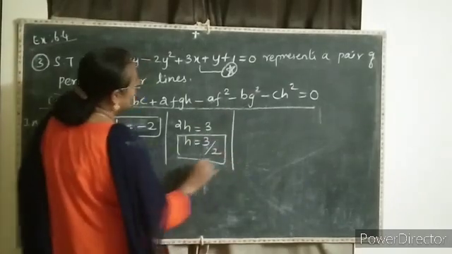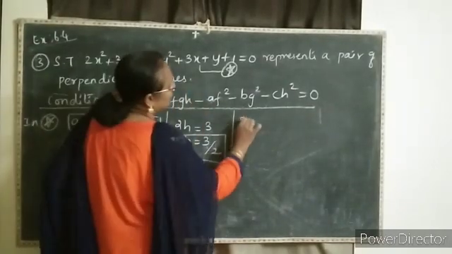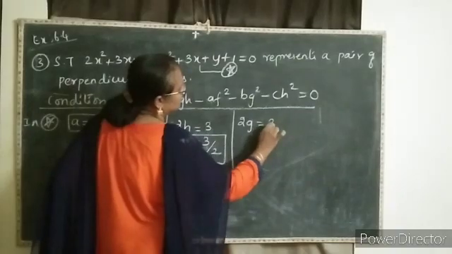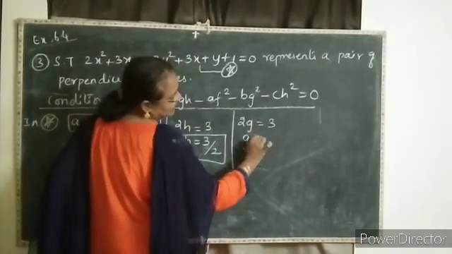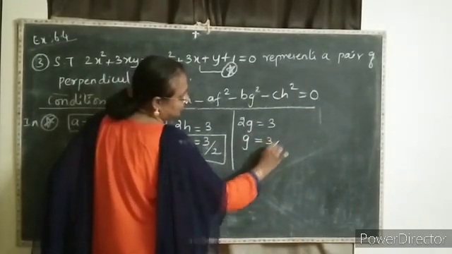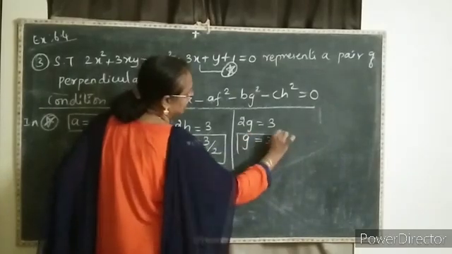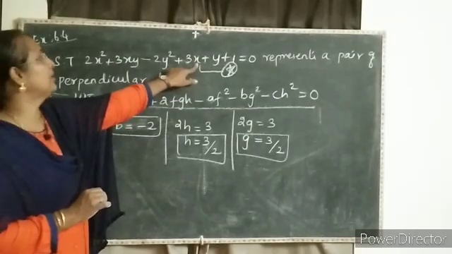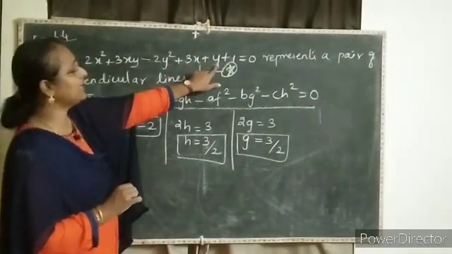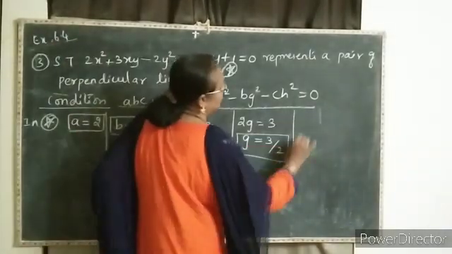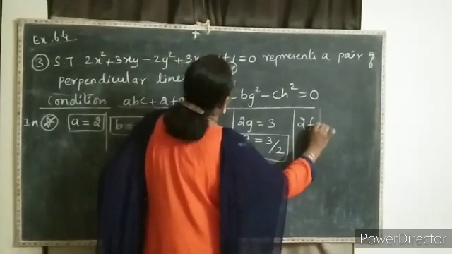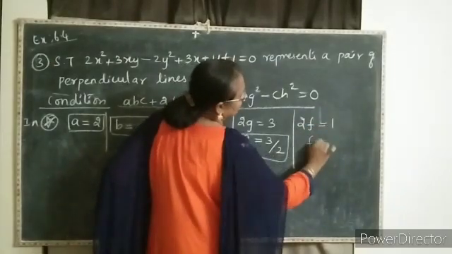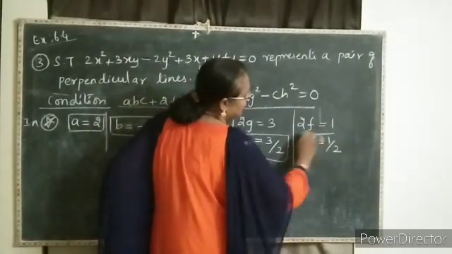Now the next one, I need the value of g. So 2g is equal to 3. So g is equal to 3 divided by 2, since it is 2gx in general. The next one is 2fy, so 2f is equal to 1. So f is equal to 1 divided by 2.